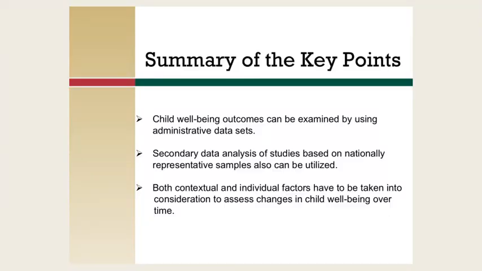And my final point is that it's very important to take into account both contextual and individual factors when you're assessing changes in child well-being over time, and multi-level modeling is a statistical method, a way of taking into account both the contextual factors and also the individual factors.